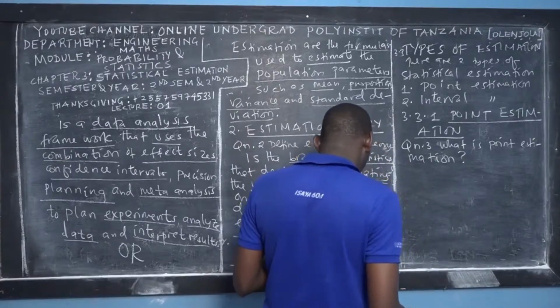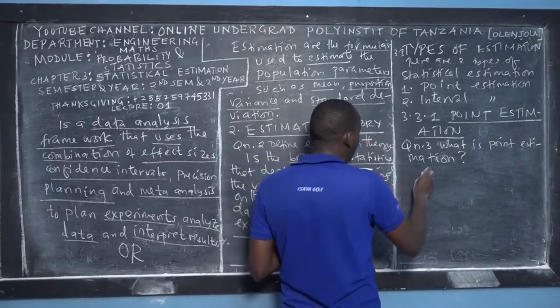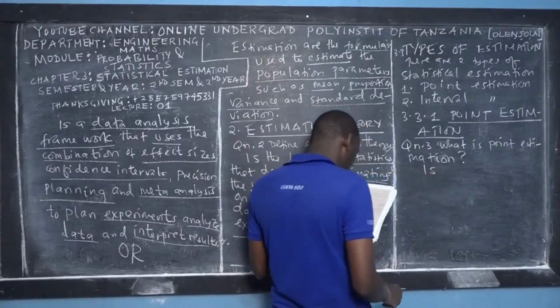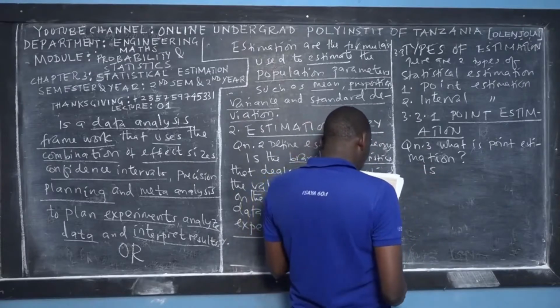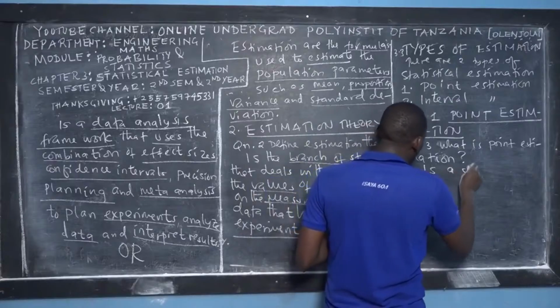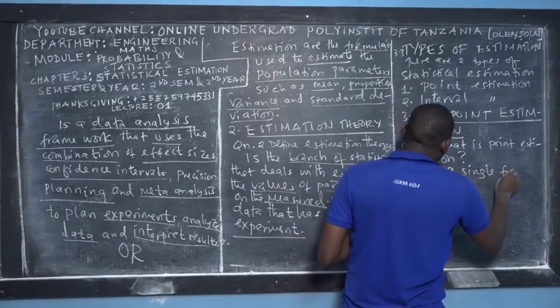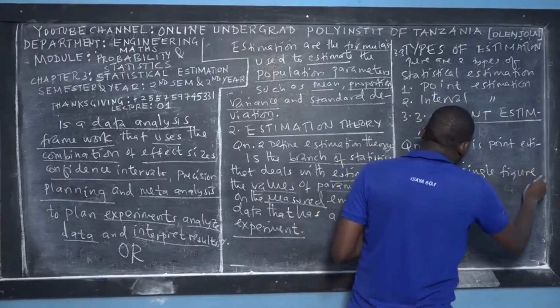There are various definitions, but I've decided to teach you two. We say that it's a single figure. That's what I said, that is fixed. Single figure, meaning it is fixed.